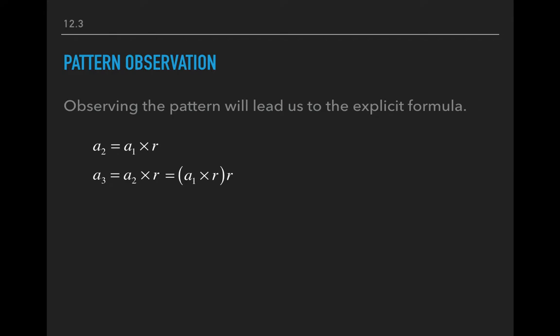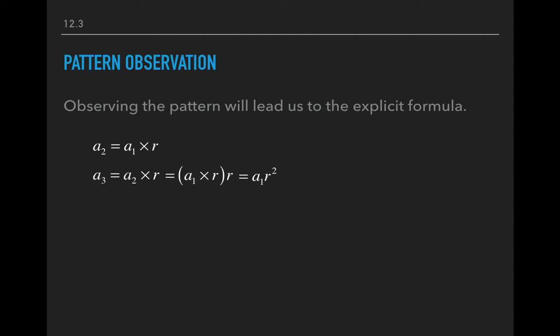So I've substituted in what the second term is equivalent to. And now using some exponent properties, r times r is r squared. So really, a3 could be represented as a1 r squared. Tracking with me so far?